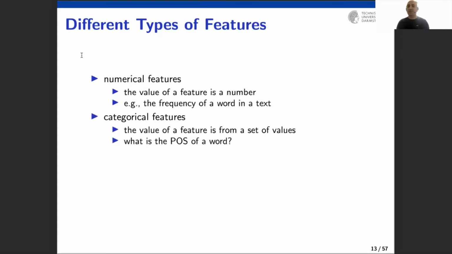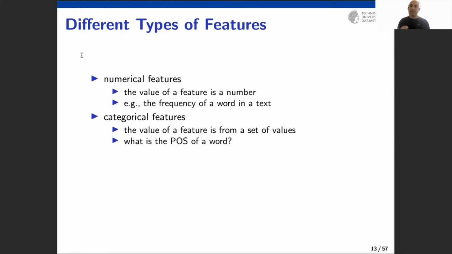For example, when we ask what is the part of speech tag of a word, the value of this feature function is not a number, but one value from a set of possible values.